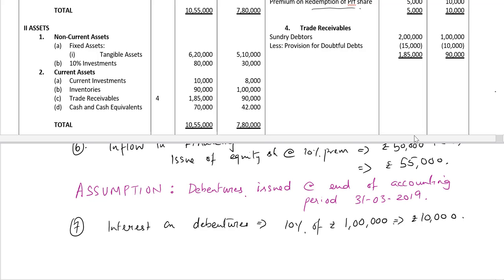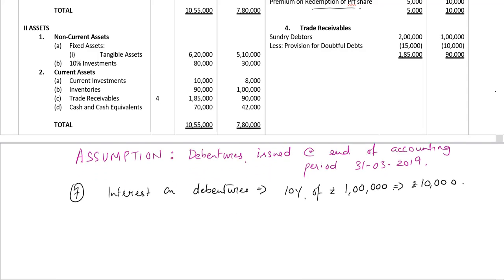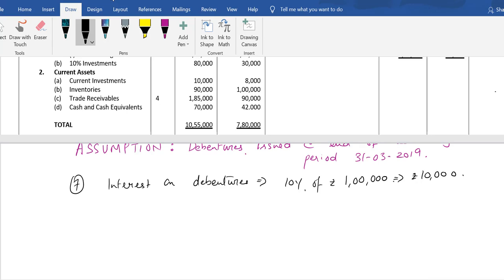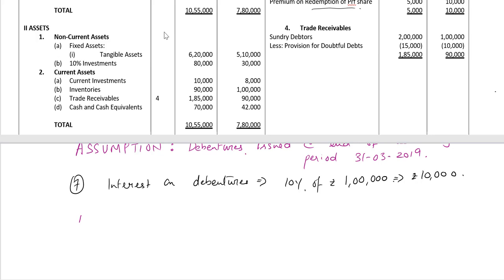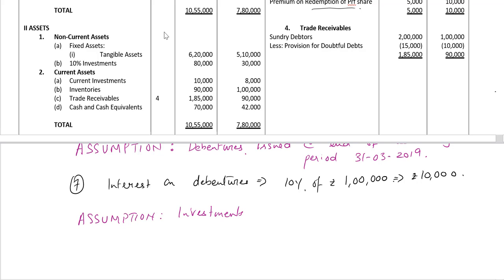So we'll assume that the investments were purchased at the end of the accounting period. Assumption: investments purchased at the end of the accounting period.